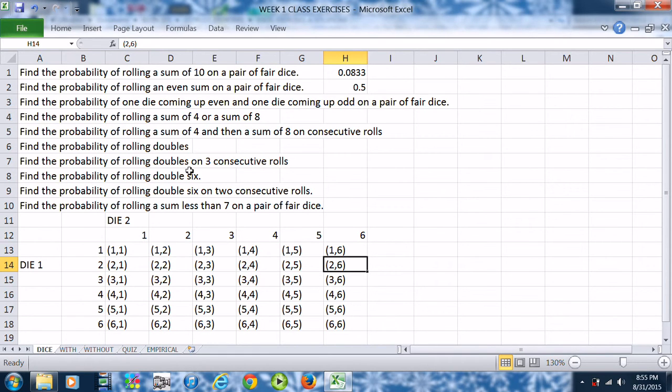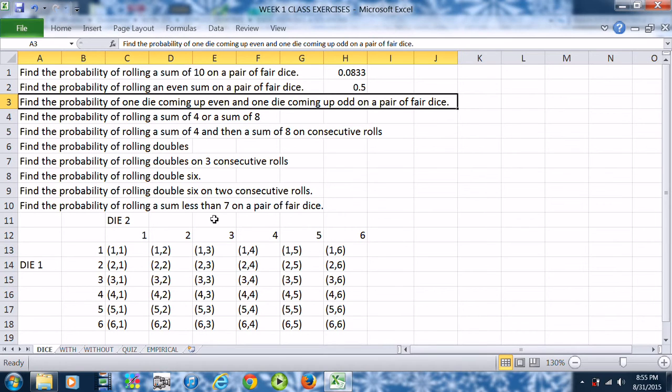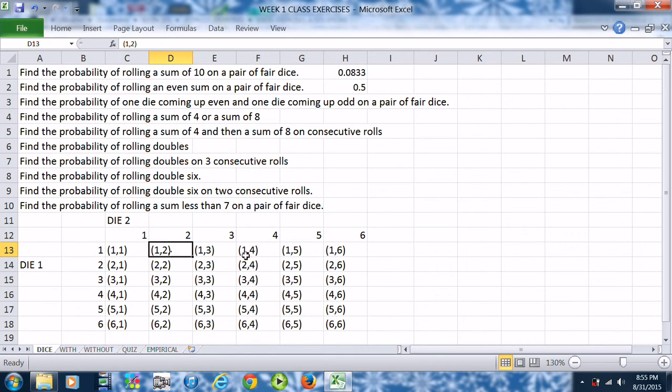Whenever we had one die coming up even and one die coming up odd, we got an odd sum. 1 and 2 gave us 3. 1 and 4 gave us 5. 3 and 4 is 7. 5 and 2 is 7. So we see that the remaining half of the outcomes have one die even and one die odd. So 18 out of 36 to give us the probability of 1/2.